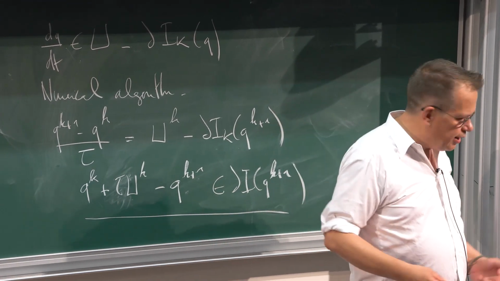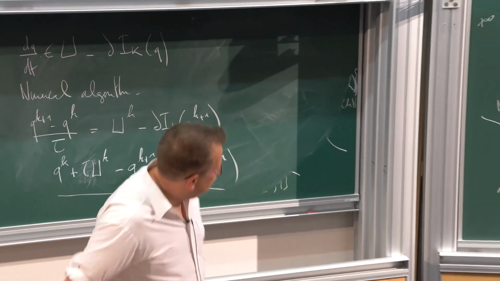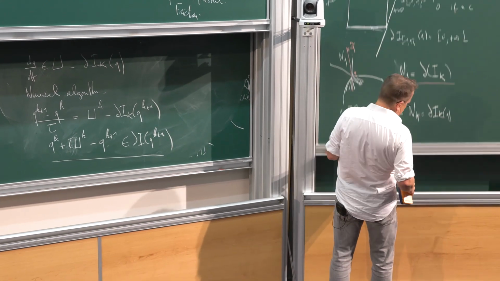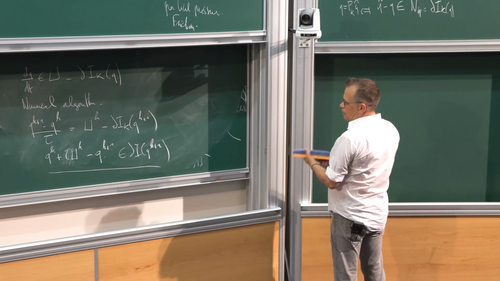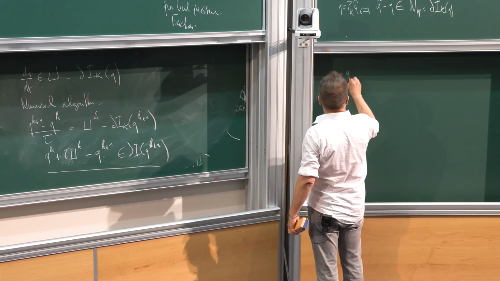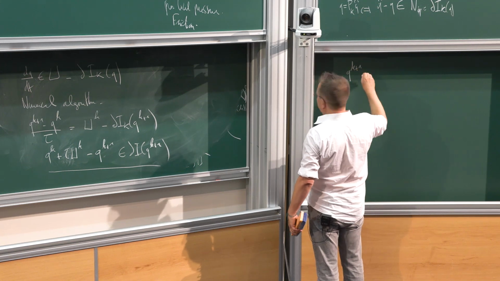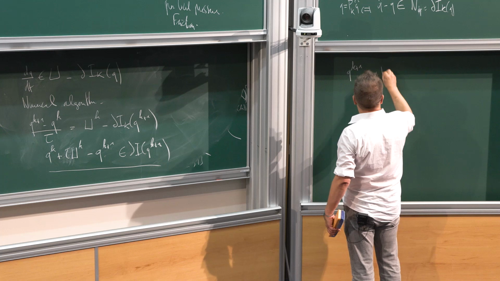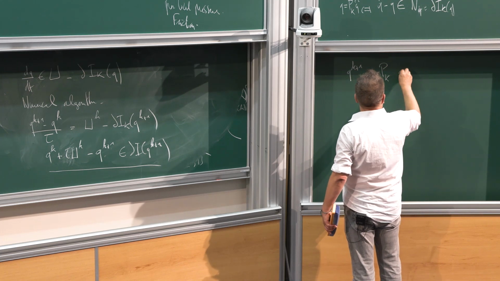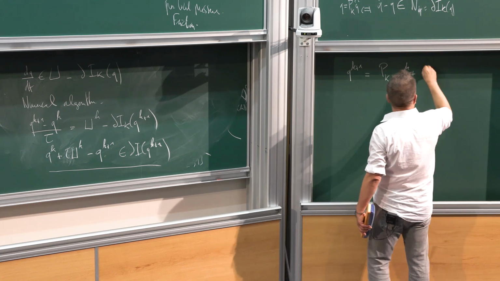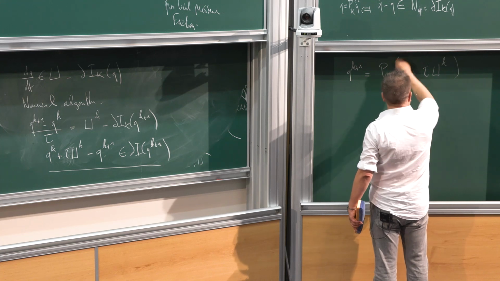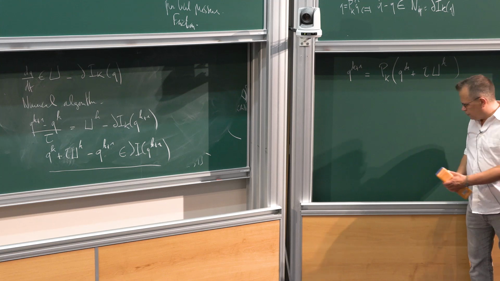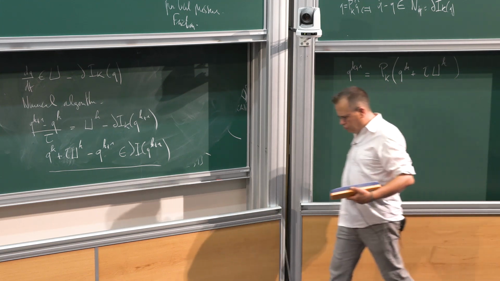So in a bizarre way, even if it was written in an implicit way, it ends up being an explicit scheme: q k plus 1 equals the projection onto K of q k plus tau u k. And I don't know if you already use things like that when you have an evolution problem with a constraint.